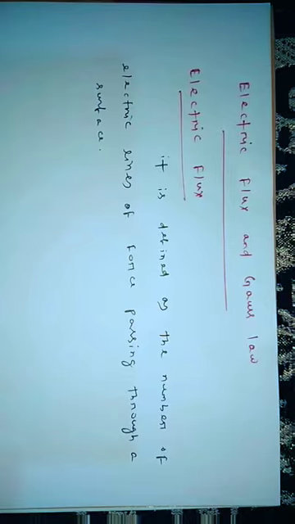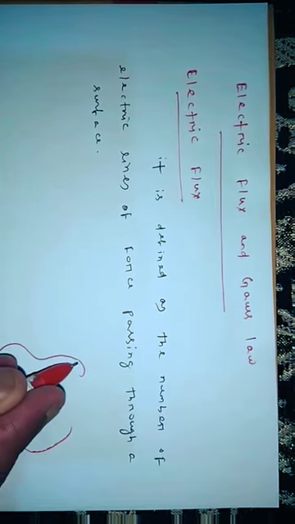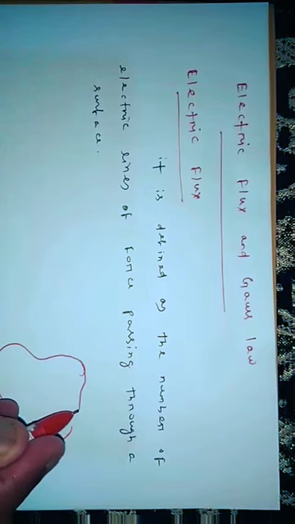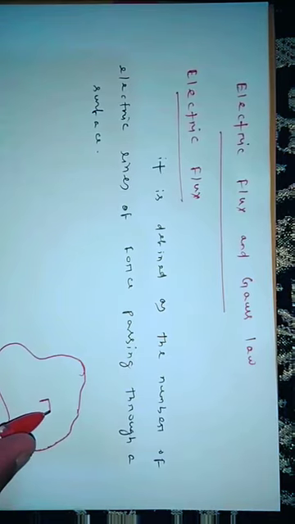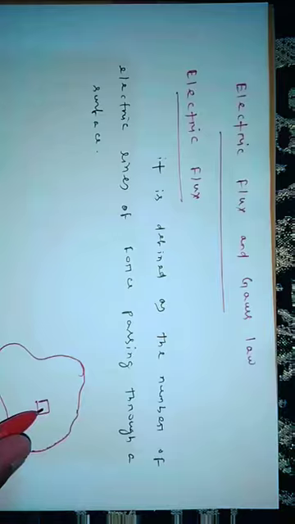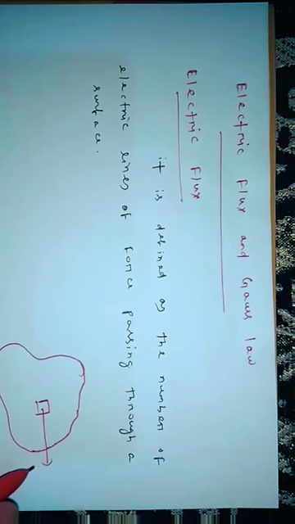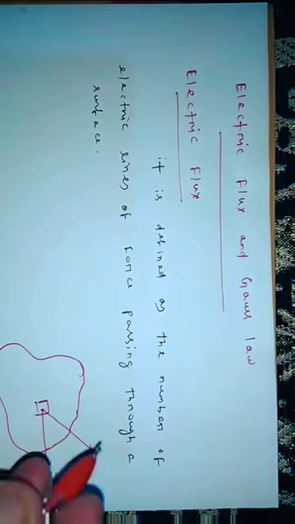Surface. Okay. So let us consider the surface. Suppose ds is the small element area. This is the direction of electric field intensity.